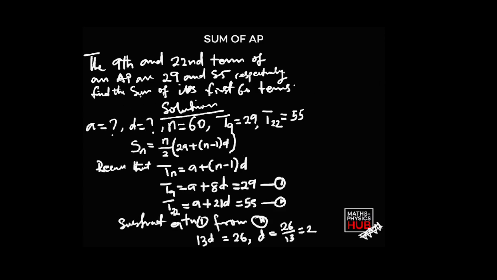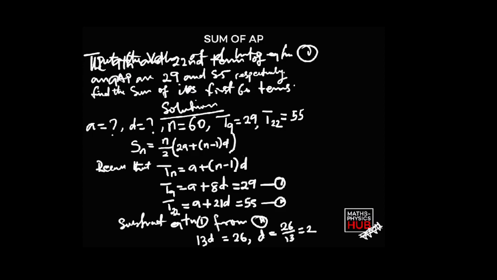To be 2. Let's now put the value of this common difference into one of these equations. Put the value of D into equation 1. And what is equation 1?